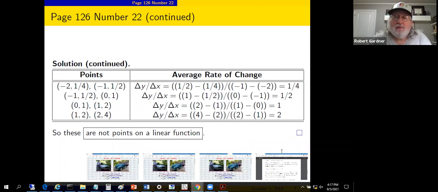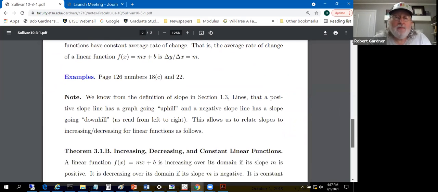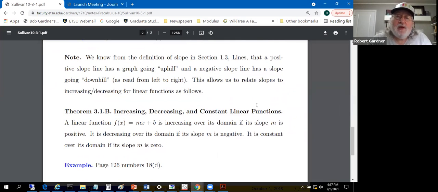Back to the notes. We know from the definition of slope that we gave in section 1.3, the line section, that a positive slope line has a graph that's going uphill and a negative slope line has a graph that's going downhill, as read from left to right, as we always do.